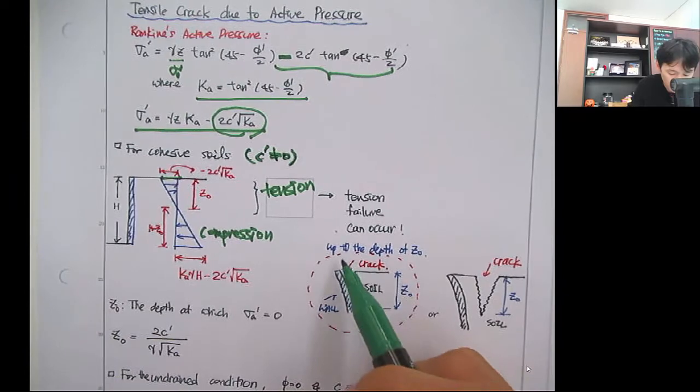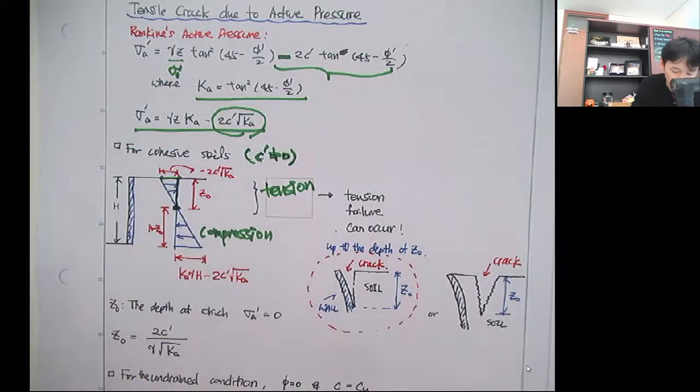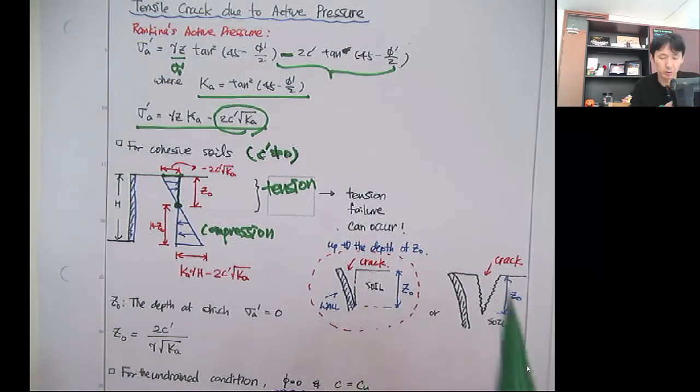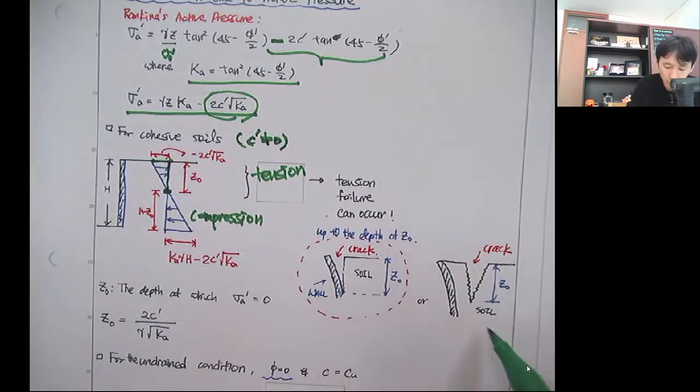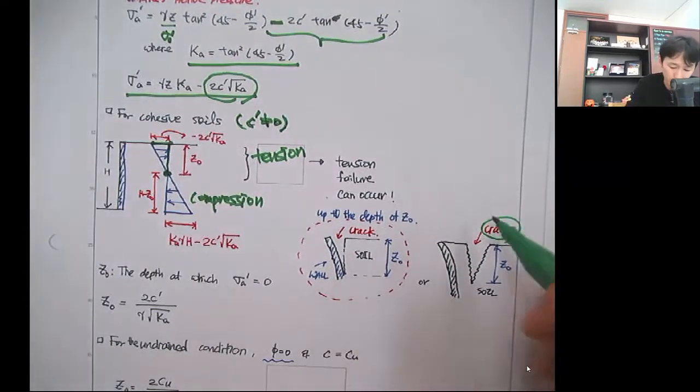So here, up to the depth of z naught, from here to this point, there will be some cracks between the wall and soil, so the wall can separate from the soil, or within the soil mass you may develop some tensile cracks, or tension cracks.